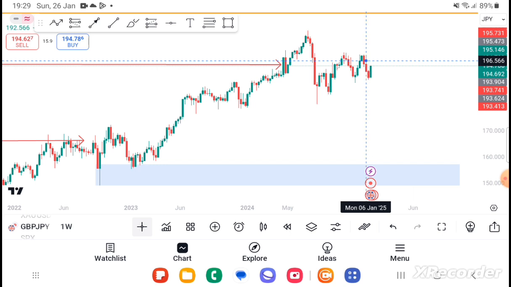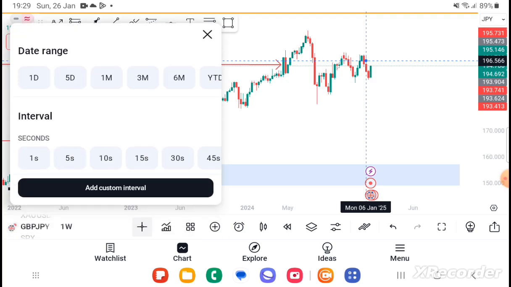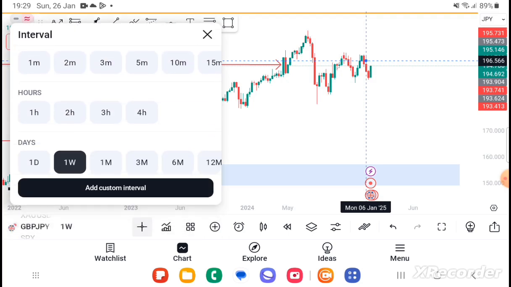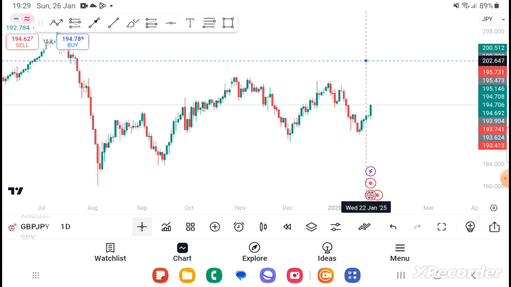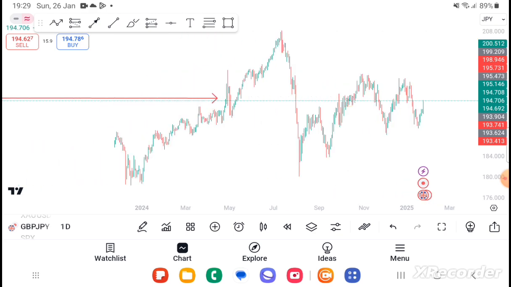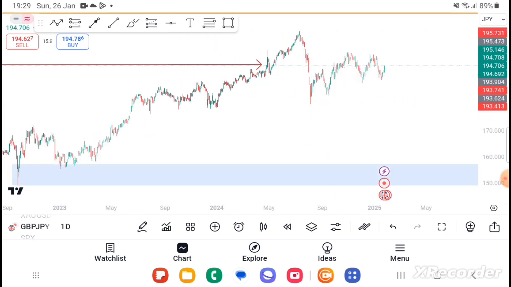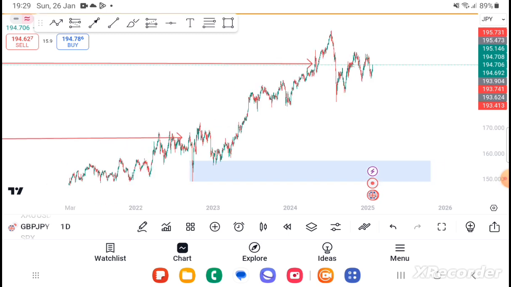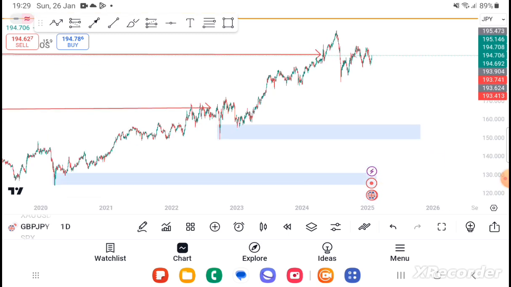Okay, so let's zoom in to the daily so that we could get some more data to work with. So this is what it looks like on the daily when you zoom out.